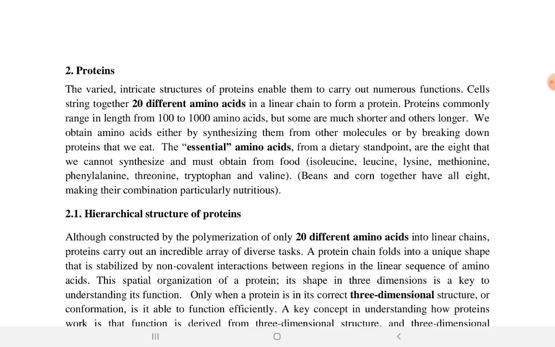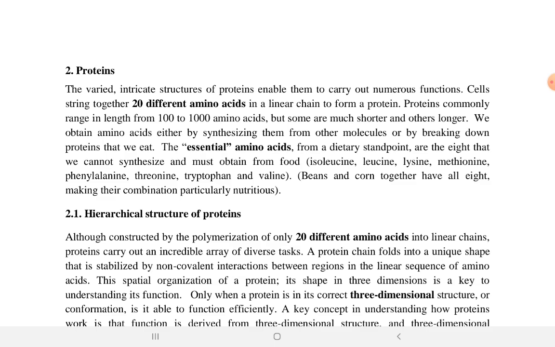So we find the artificial proteins or amino acids, and then we have the natural amino acids, essential and non-essential. Here we have the hierarchical structure of protein. Although constructed by the polymerization of only 20 different amino acids in linear chains, proteins carry out an incredible array of diverse tasks. The protein chain folds into a unique shape that is stabilized by non-covalent interactions between regions of the linear sequence of amino acids.